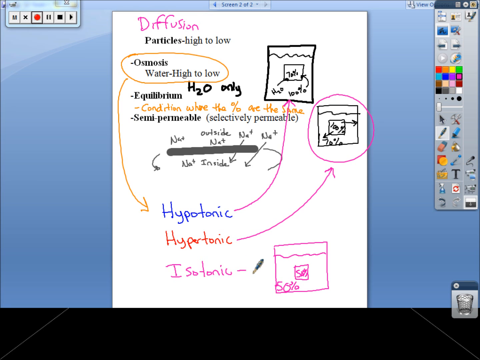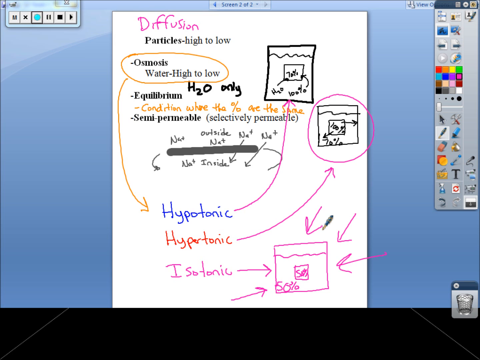Okay, so that's isotonic. All things, though, whether they're hypertonic or hypotonic, most likely will reach this because they're going to exchange water, and if possible, they will reach the same concentration on both sides, inside the cell and outside the cell, and become isotonic.